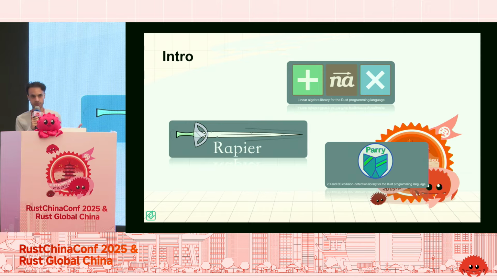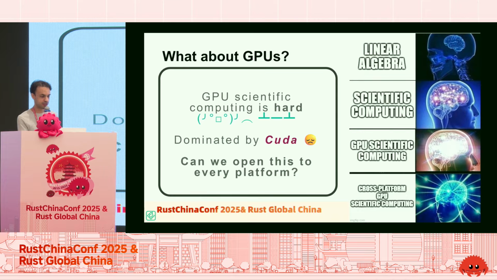And more recently, I've been wondering, okay, what can I do on the GPU? And the realization here is that GPU scientific computing is very difficult. Like, it's a completely different story compared to CPU.